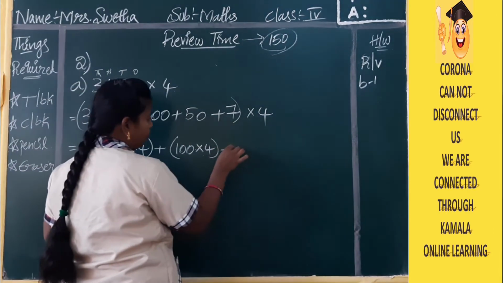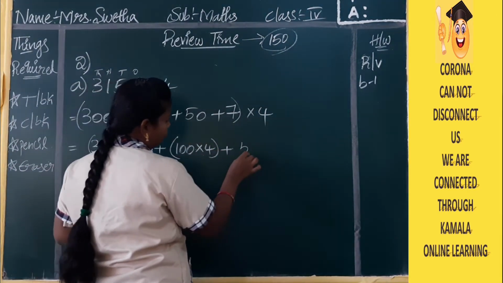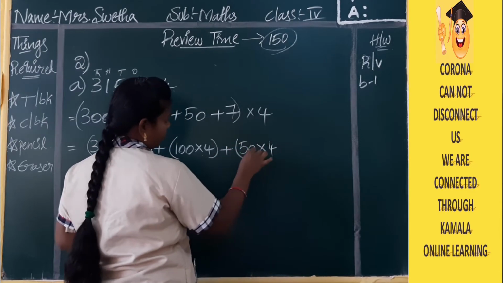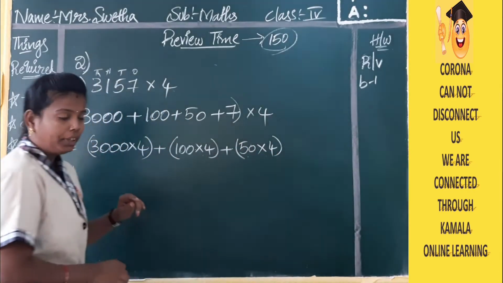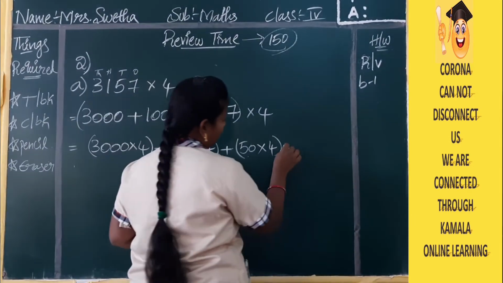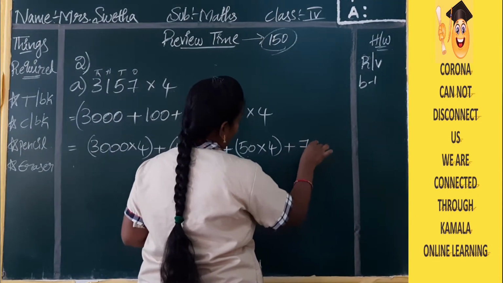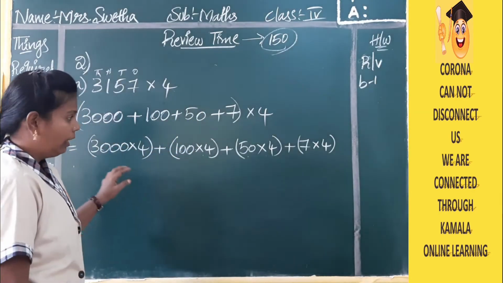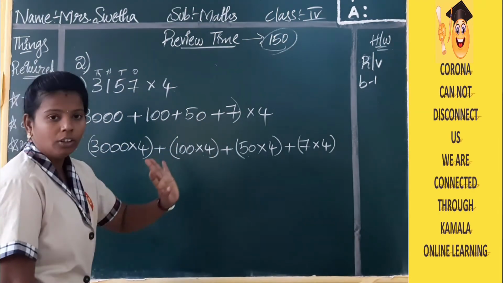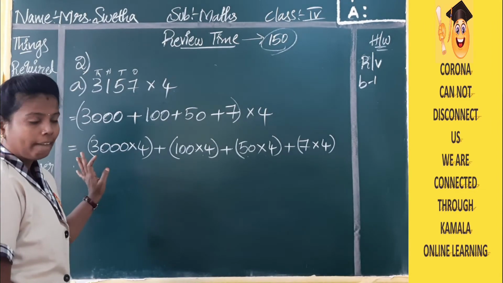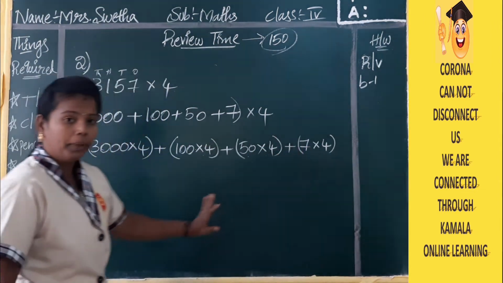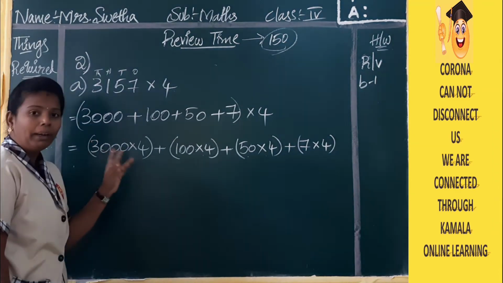Now again plus 50 into 4 plus 7 into 4. Okay. Now we have multiplied with all the numbers. So we have arranged all the numbers in the expanded form with the multiplier.